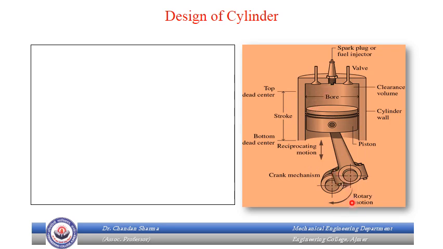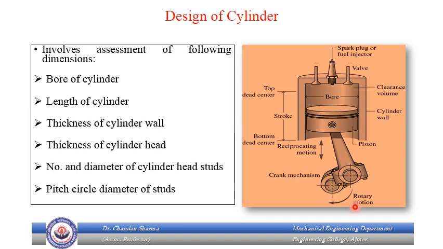So basically we need to find following dimensions of a cylinder. The primary one being bore of cylinder, which is here, internal diameter of cylinder. Then length of cylinder, this is length of cylinder. Then thickness of cylinder wall, this is the cylinder thickness.